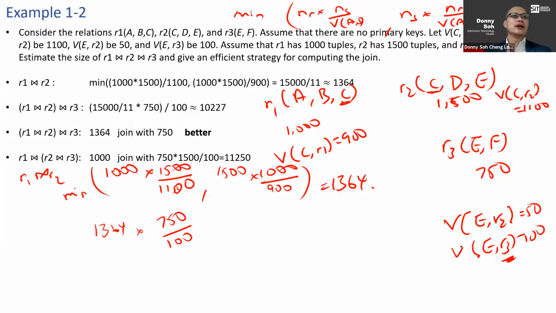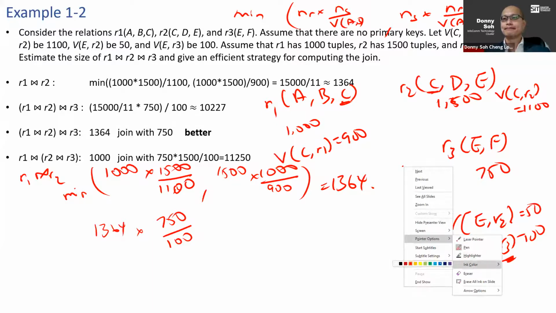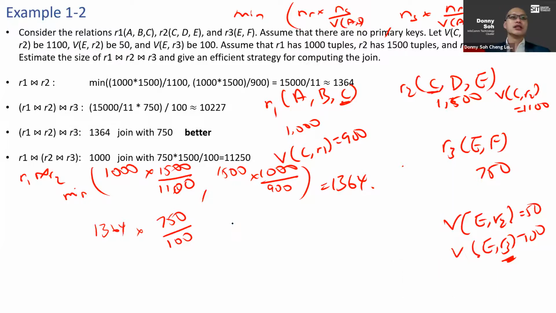So if we do it the other way, which is R1 join with R2 and R3, let's try that. Let me change my ink color.